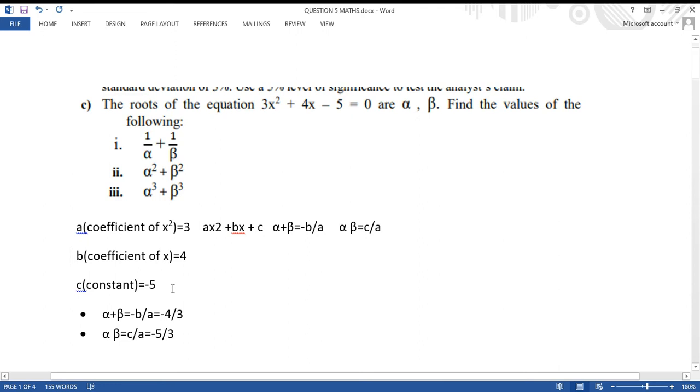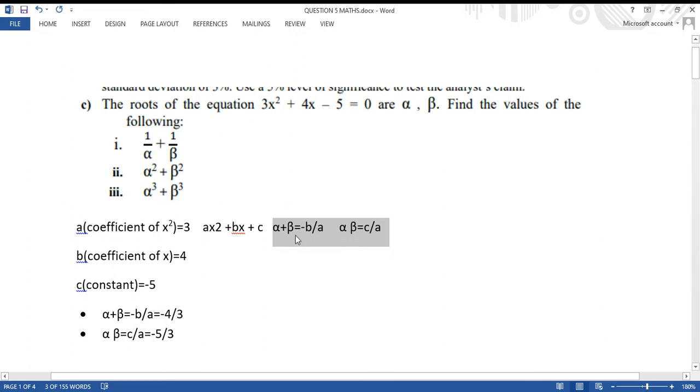Once you have obtained these coefficients and this constant, this is always standard: alpha plus beta equals -b/a, and alpha times beta equals c over a. After you have found these coefficients and the constant, you replace into these.